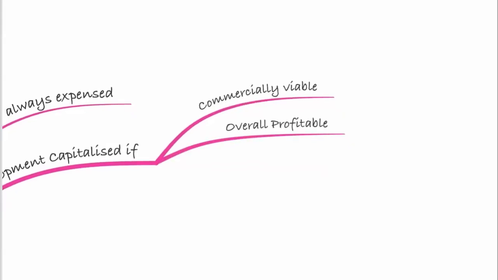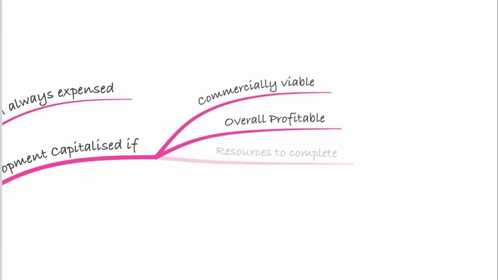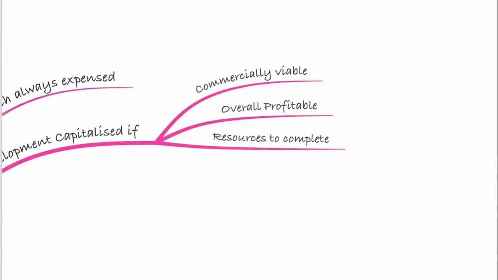Again, overall profitability, future economic benefit. We must have the resources to complete the project, because obviously if you don't complete the project, you won't be selling the product and you won't get that future economic benefit we've mentioned. So all of those are tied up in getting the future economic benefit.